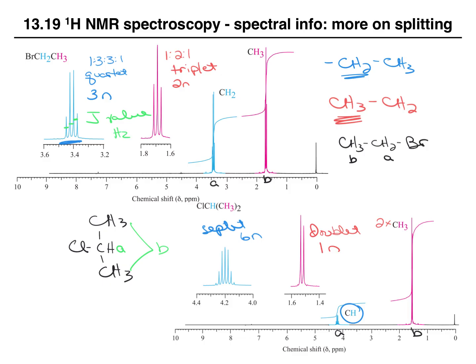Now, when you have a set of hydrogens and another set of hydrogens splitting, first of all, they will both split each other. The splitting is reciprocal, and they will have matching J values or matching coupling constants. Often by looking at the coupling constants, that can help you to identify which set of hydrogens is a neighbor to which other set of hydrogens.